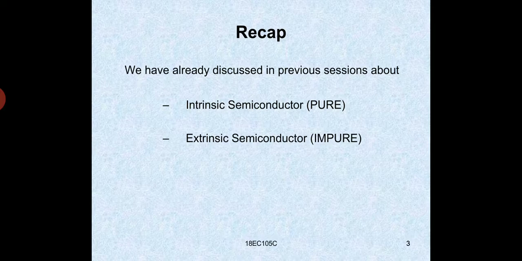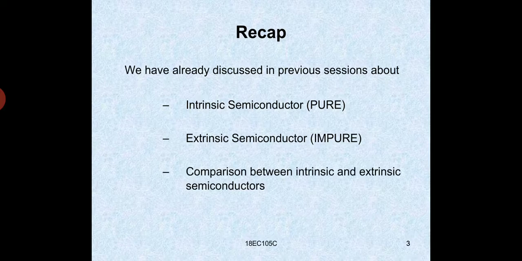Impure means we are adding impurities like pentavalent or trivalent materials, which results in N type and P type semiconductor materials. We have also seen the comparison between the intrinsic and the extrinsic semiconductors.